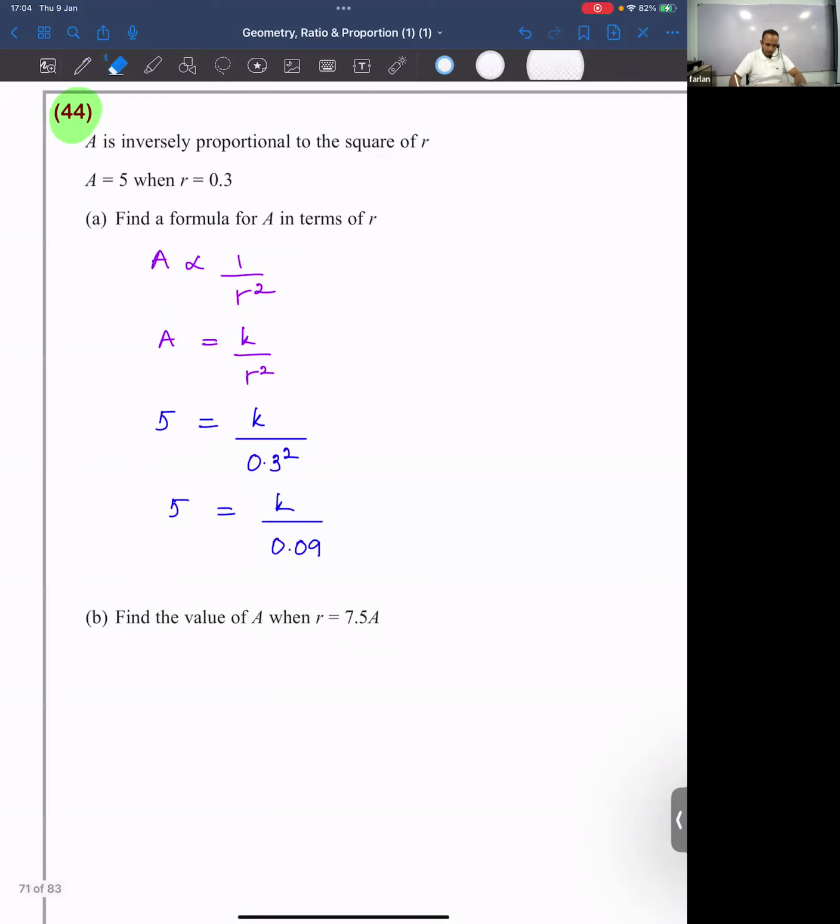Cross multiply. 5 into 0.09 will be K. So K equals 0.45.